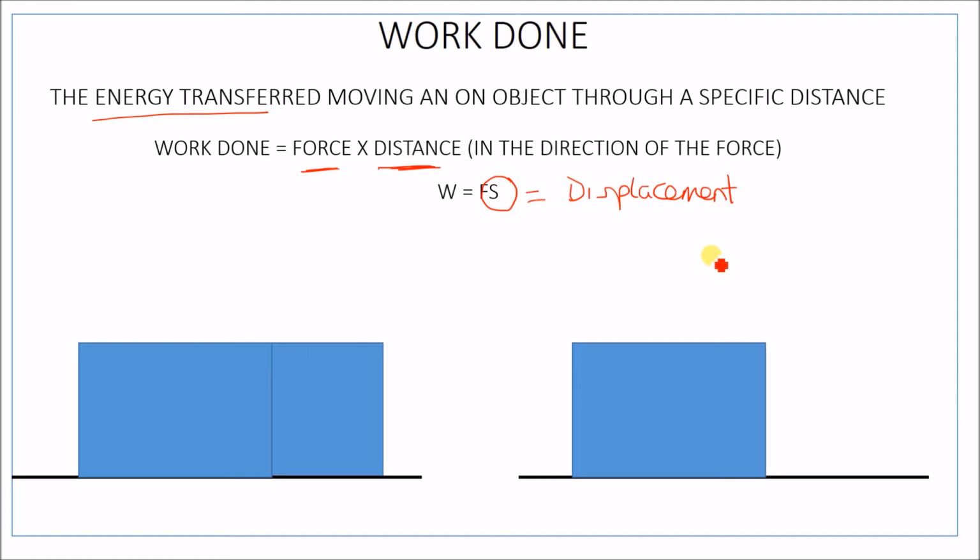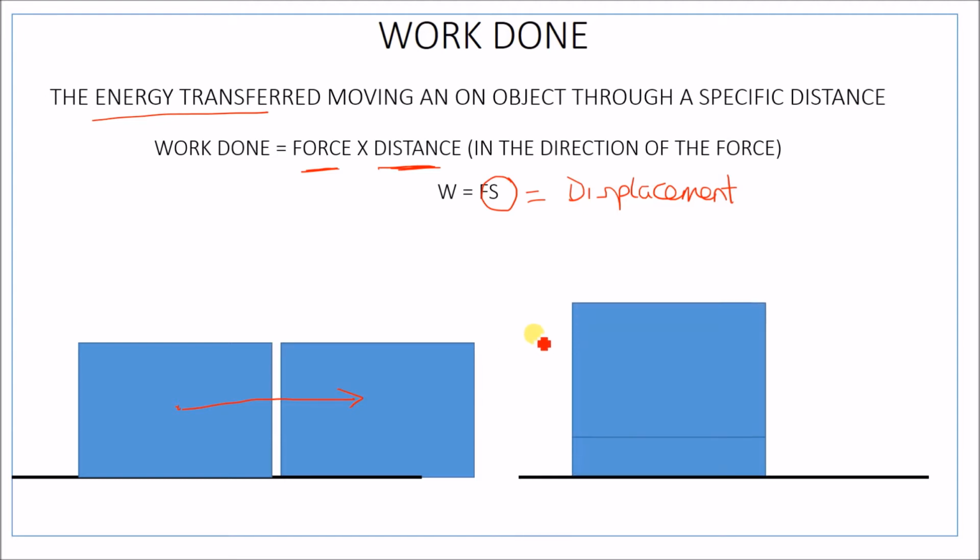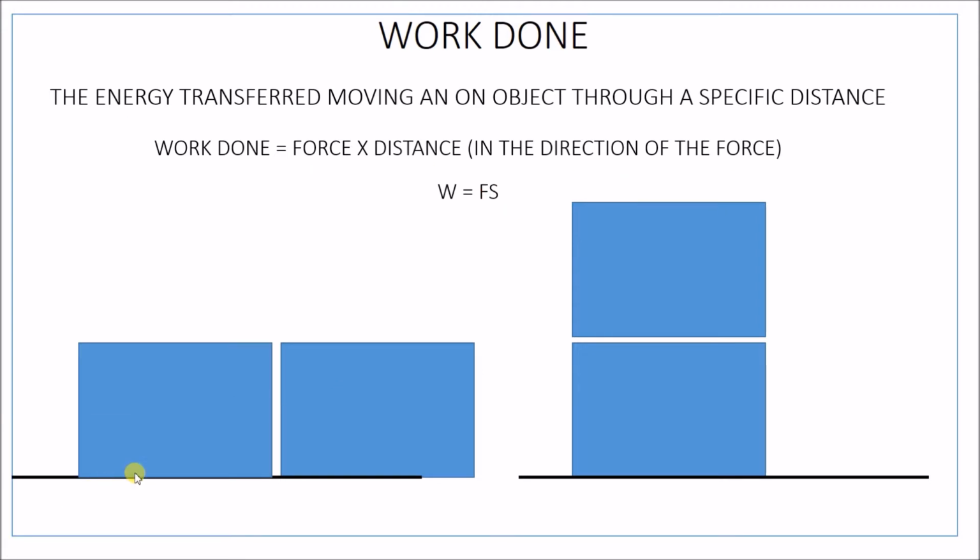Okay, so how do we do this? Well, let's have a look at this box. We've just moved the box from this position to this position. So we could work out the work done by working out how many newtons this box has of force and how far we've moved the box. We could also look at moving the box up. So if I just rub out the ink from this slide, okay, let's do a little bit of maths so we make sure we understand it.